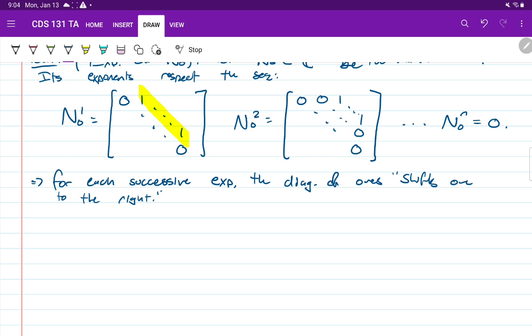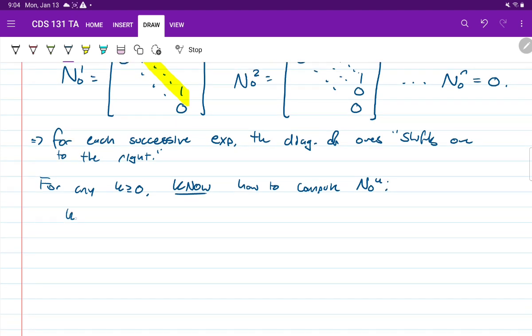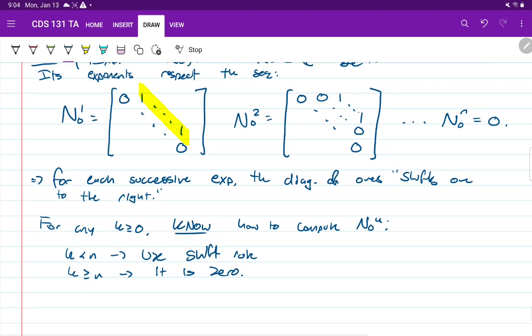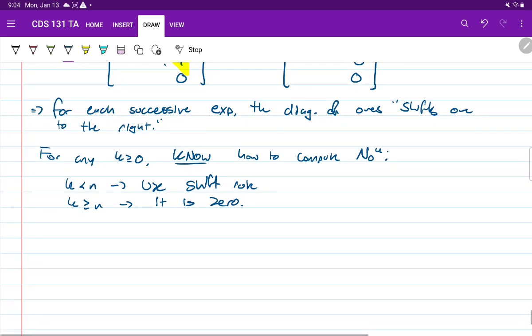What this essentially tells us is that for any k greater than or equal to 0, we know how to compute n naught to the k. If k is strictly less than n, then we use the shift rule, and if k is greater than or equal to n, it is 0. So this gives us a really nice, easy way of computing the exponents of this matrix.